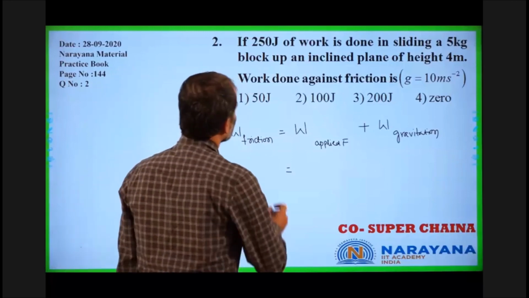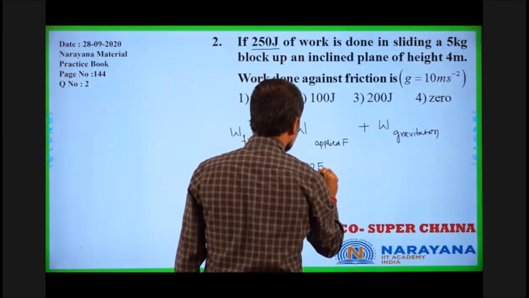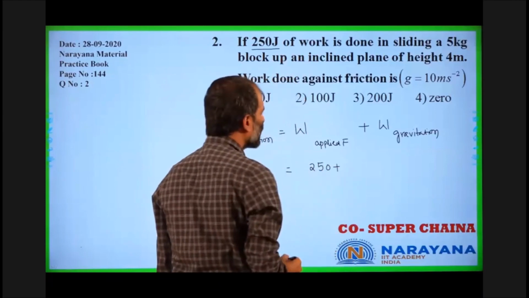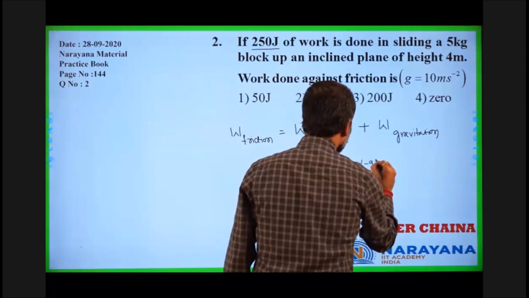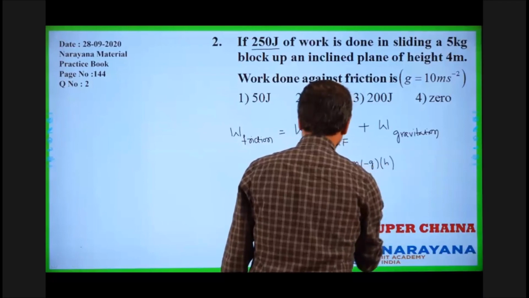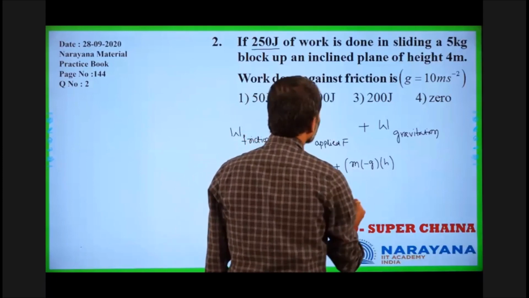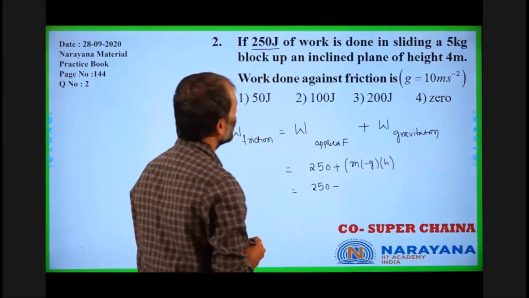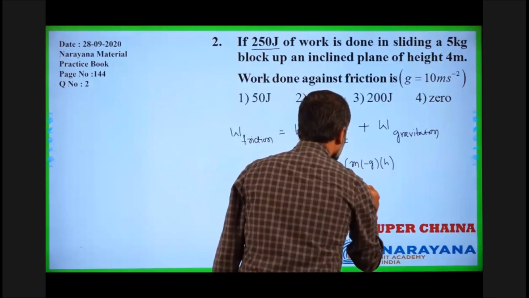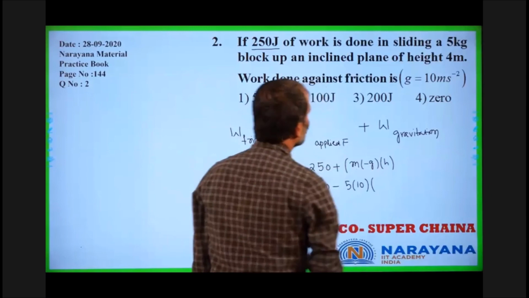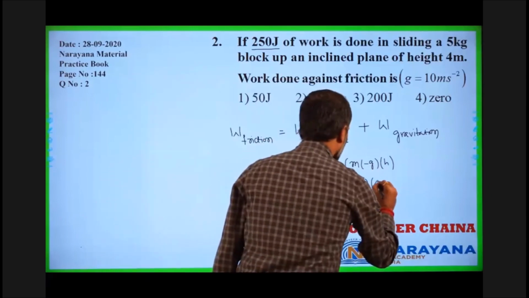So as per the problem, it is given that 250 joules of work is done by the applied force, plus the work done by gravitation, which is m into minus g into h. So now here it is 250 minus, with the mass of the body equal to 5 kg, g equal to 10, into the height through which it was raised, which is 4, right?